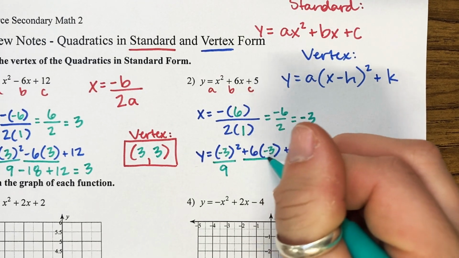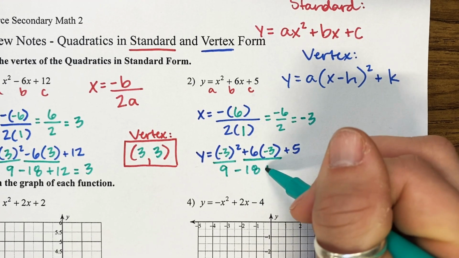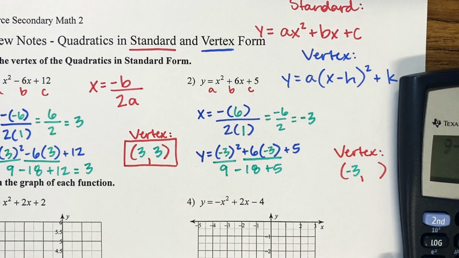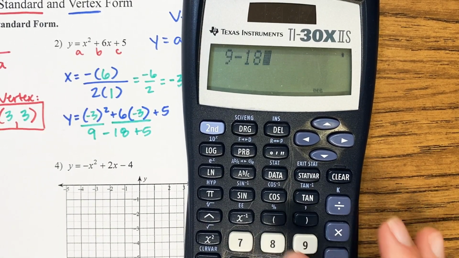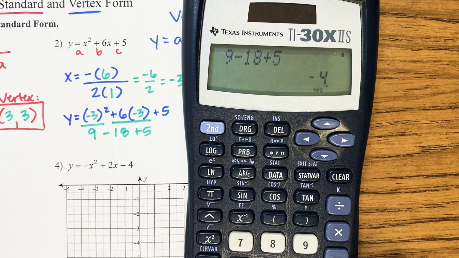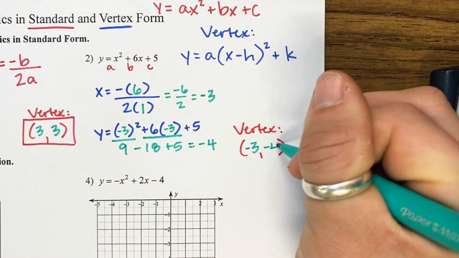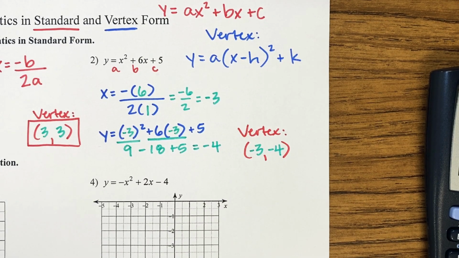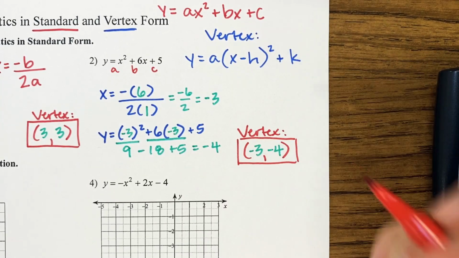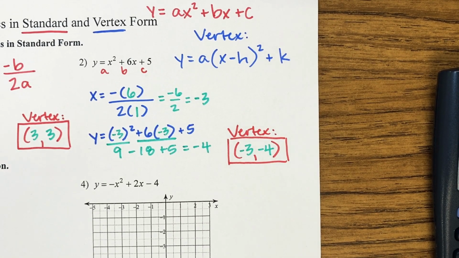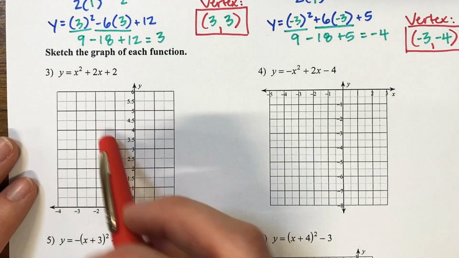Positive 6 times negative 3 gives me negative 18 again, and plus 5. Now we can put this into our calculator. 9 minus 18 plus 5 gives me negative 4. So our vertex for number 2 is (negative 3, negative 4). Perfect. This is going to help us when we're actually graphing these.